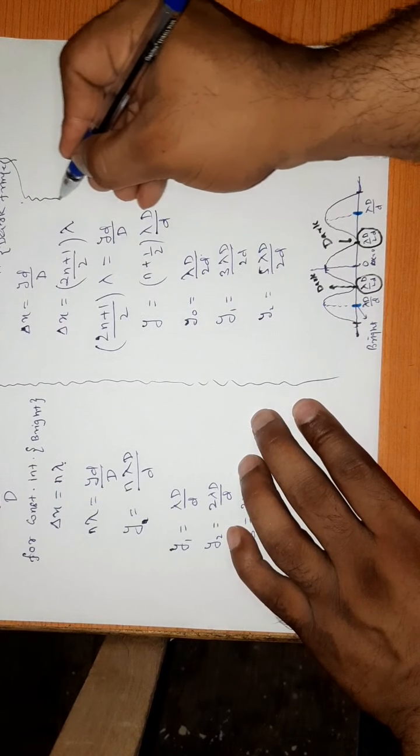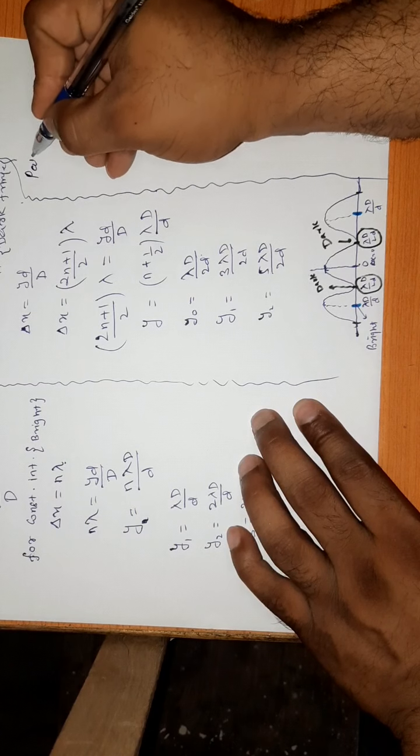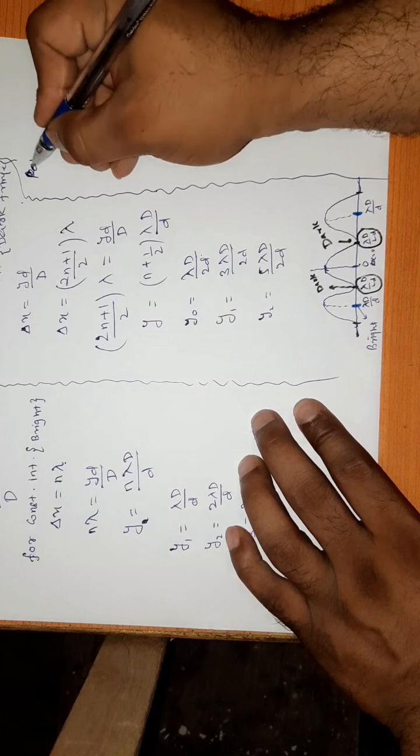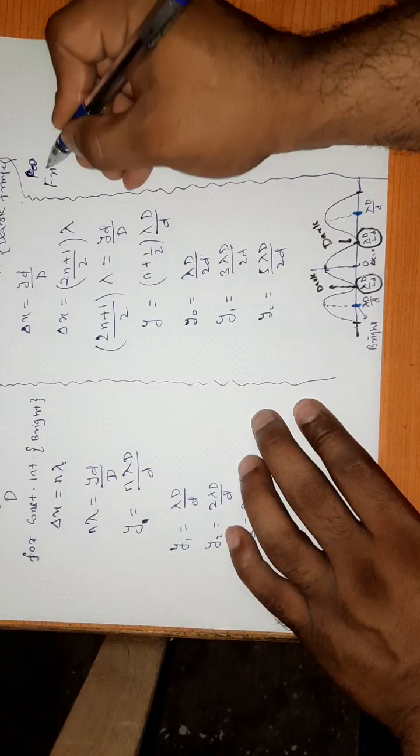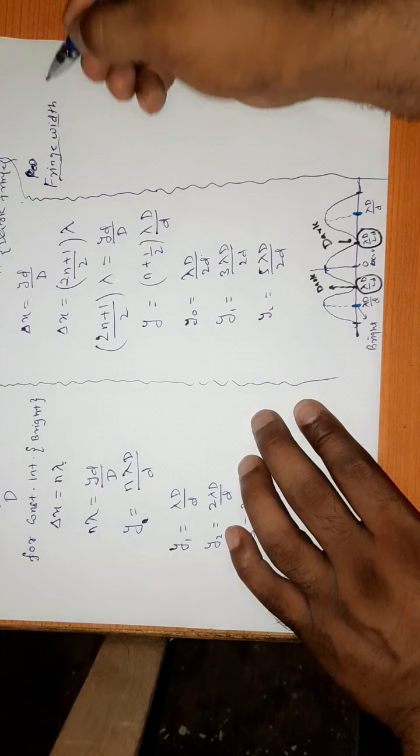So if somebody says what is the path difference, next we are doing, in the same page I am continuing, or sorry, not path difference, that is fringe width. So I will write a definition for fringe width.